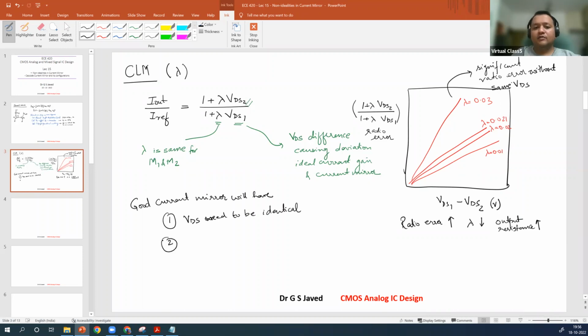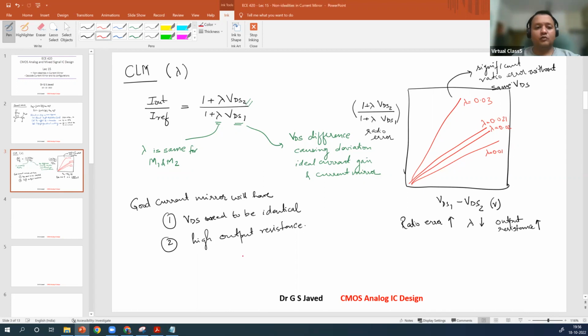Second, you should have high output resistance. Okay, so now this is like a good problem statement, right? So how do you solve this?